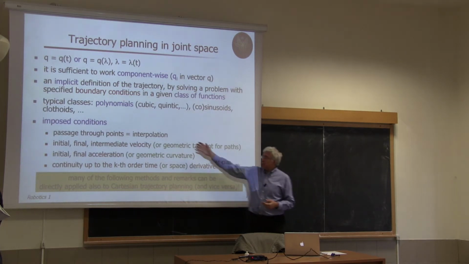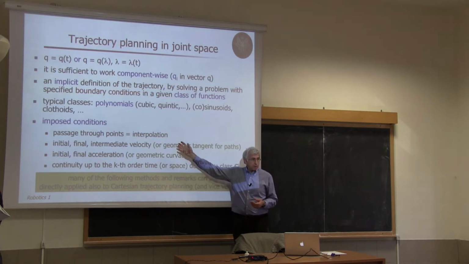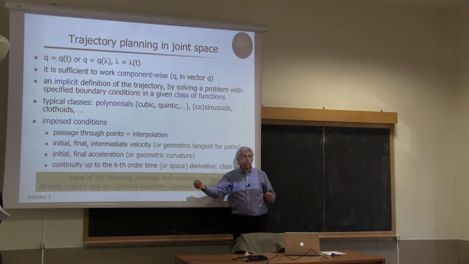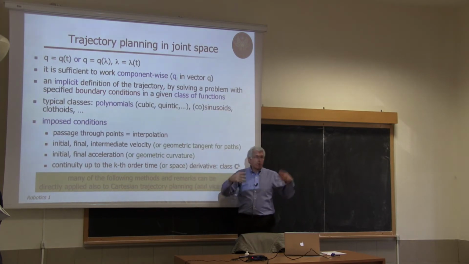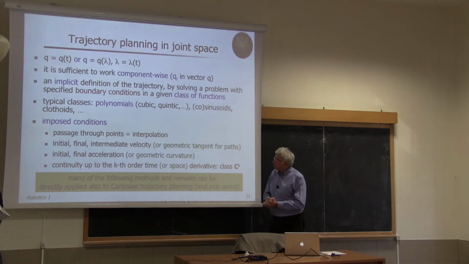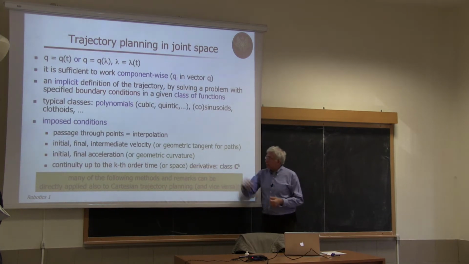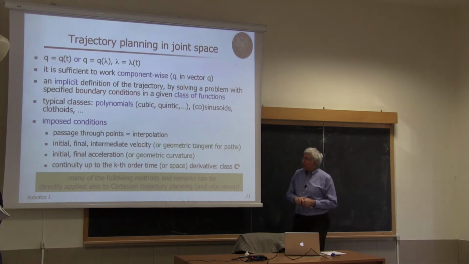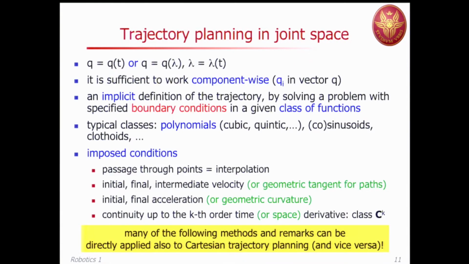And if we design a point-to-point trajectory where there's only one initial point and a final point, then these are really the boundary geometric conditions of our motion. We may specify initial and final velocity or intermediate velocity if we have internal knots, acceleration, and by choosing the class of function, we impose automatically also the continuity.